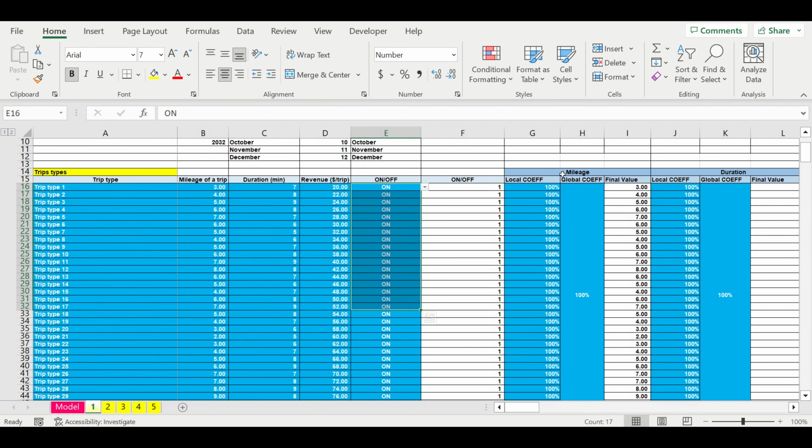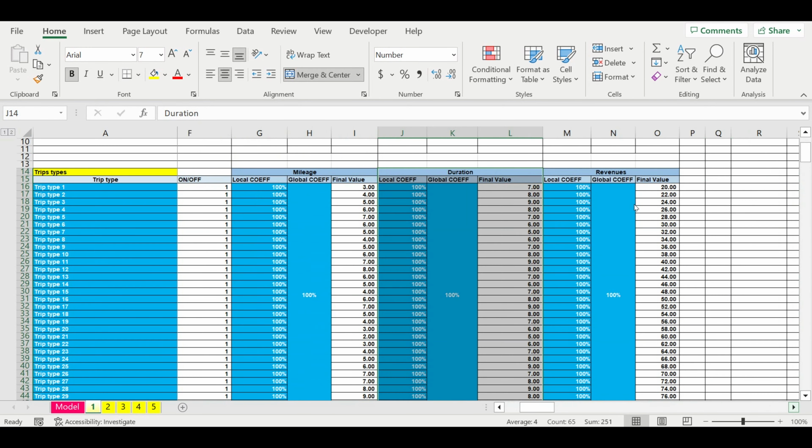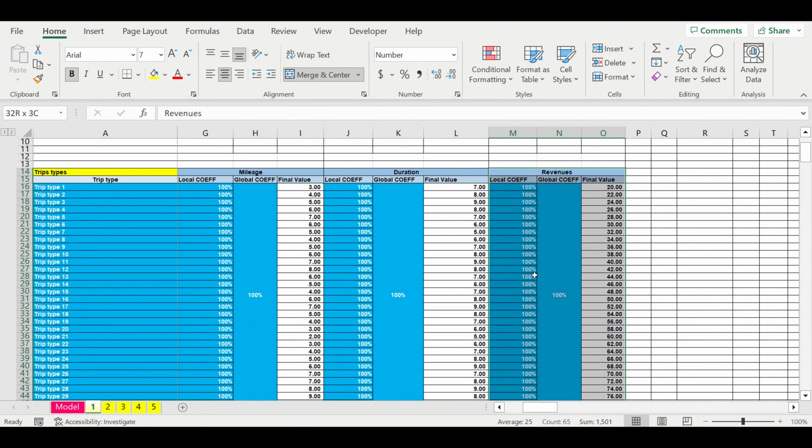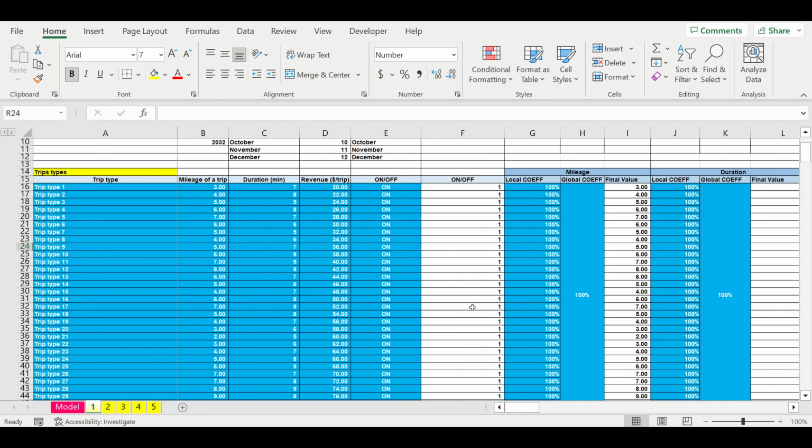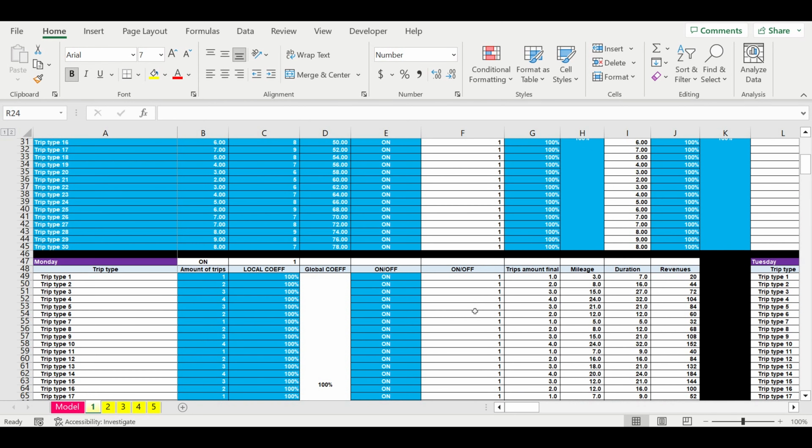We have some coefficients, global and local, for the mileage and for duration. This will be vital during future scenario modeling, when we will build the cash flow and prepare net present value numbers.